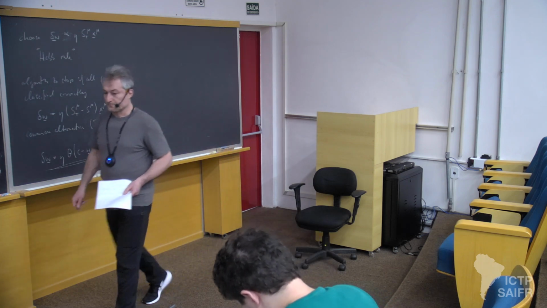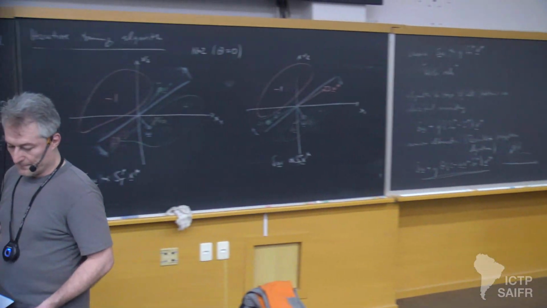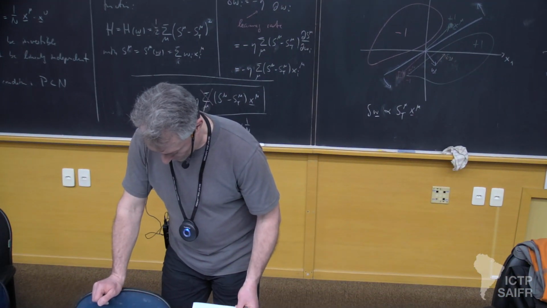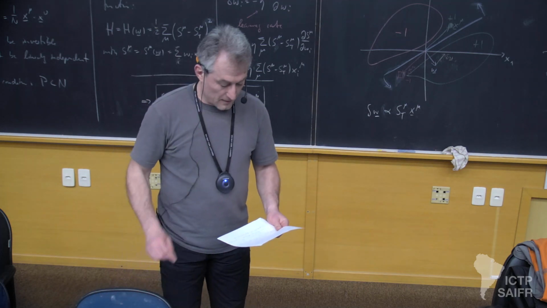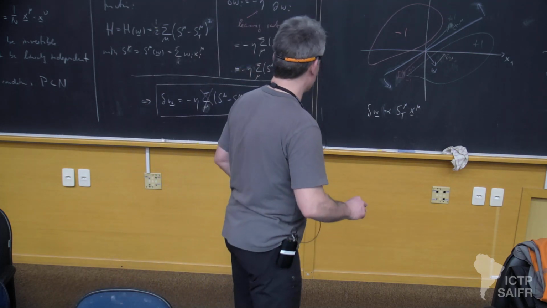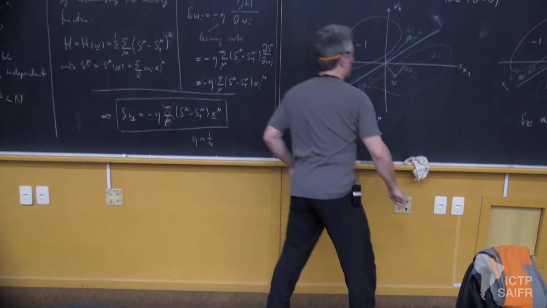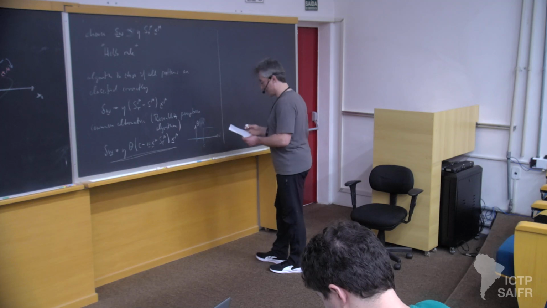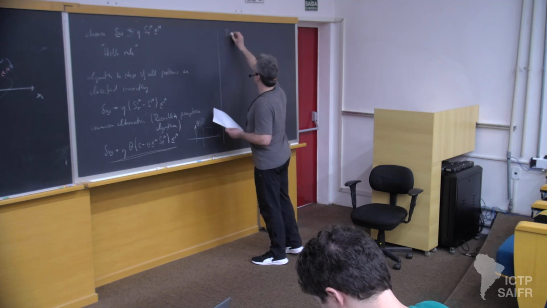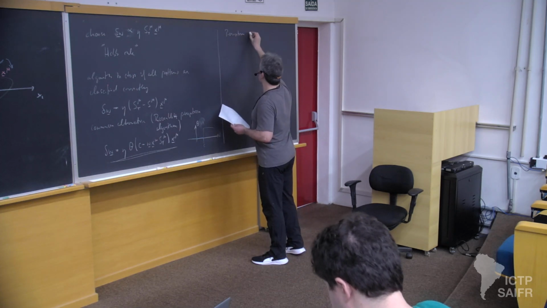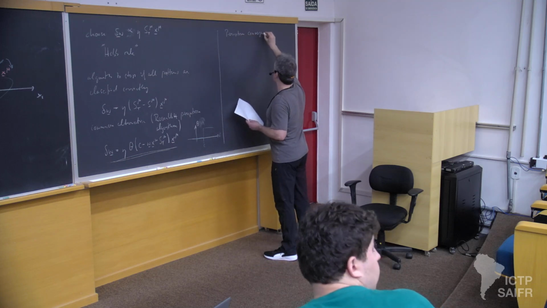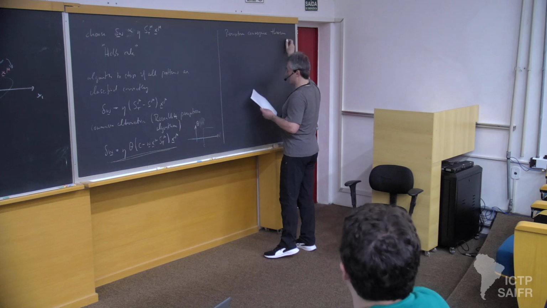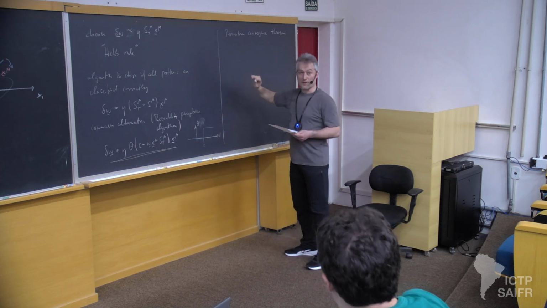And this algorithm, it can be shown that it converges. So it can be proven that this finds the solution if there is a solution. And this is called the perceptron convergence theorem. And I present it without proof, don't worry.